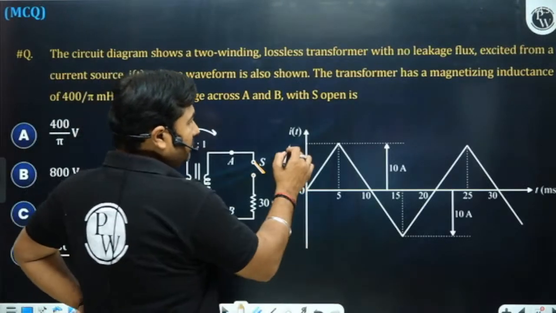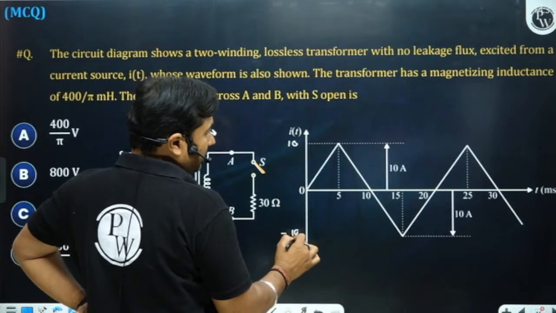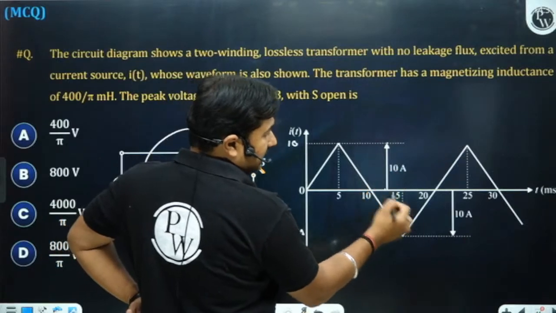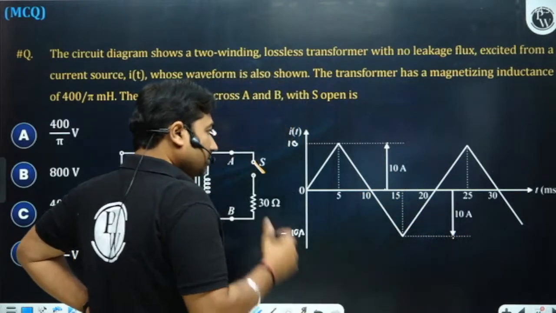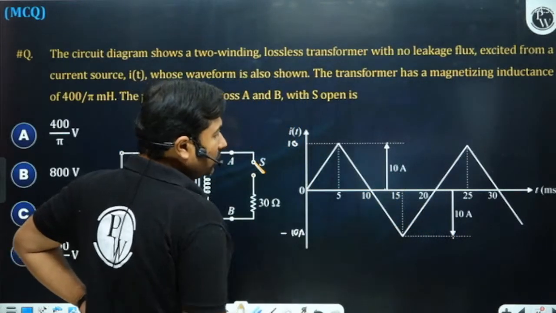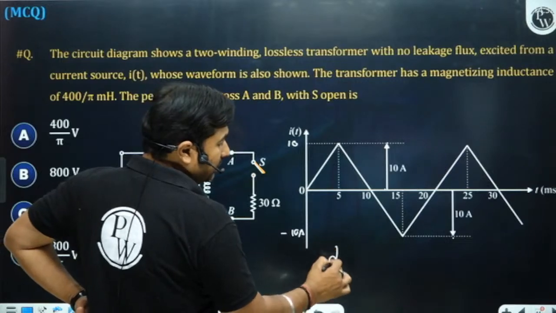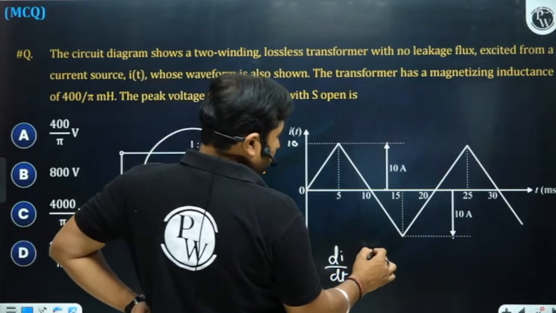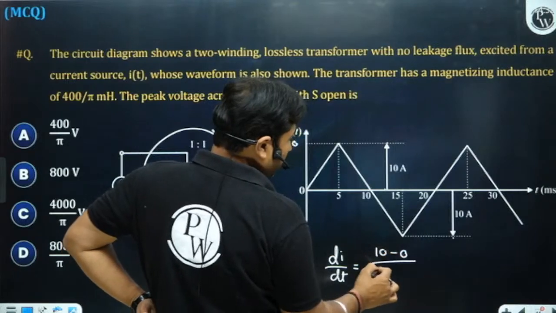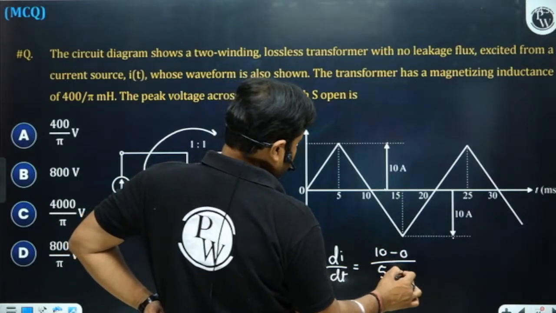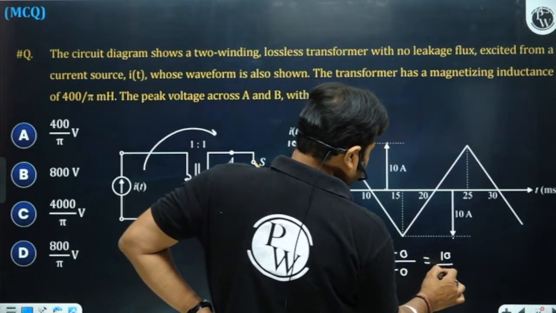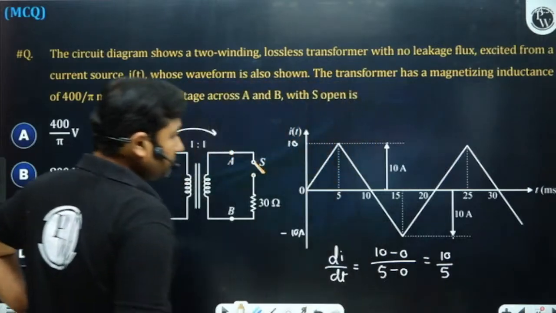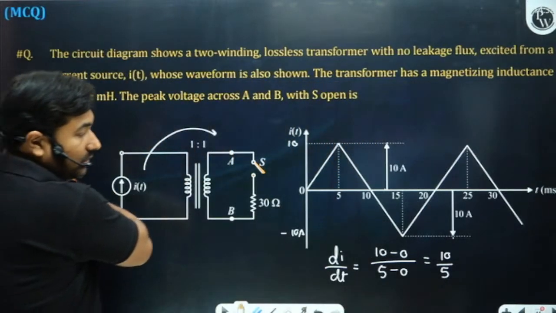If you observe, this is 10 ampere and minus 10 ampere. So what is the slope? Slope di by dt will become 10 minus 0 upon 5 minus 0, that is 2.